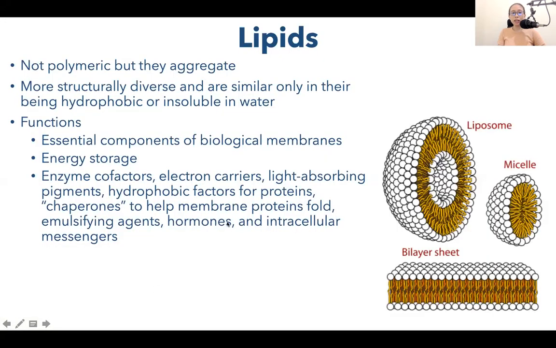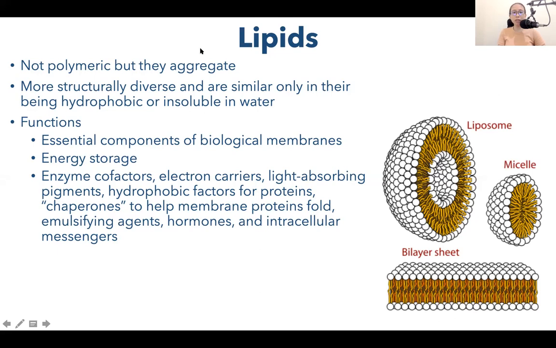So lipids is the fourth class of biomolecules in this course. So napag-aralan nyo na proteins, nucleic acids, and then last week nag-review tayo on carbohydrates. So ang pinagkaiba ng lipids, unlike the former 3 biomolecules, ang lipids natin, they are not polymers.